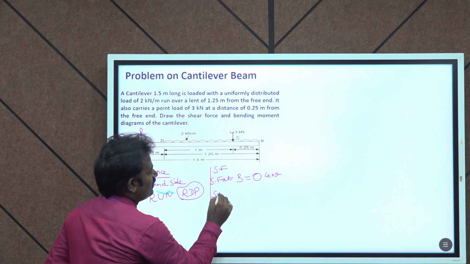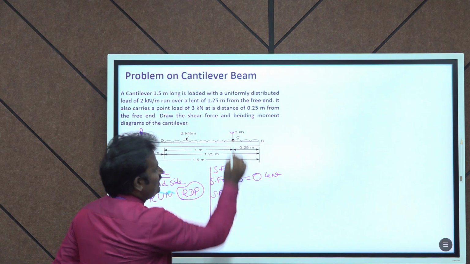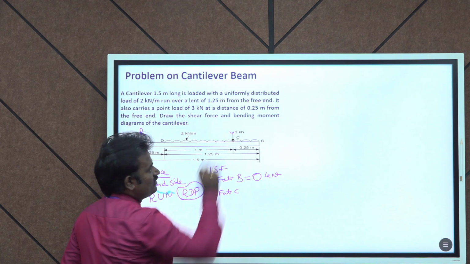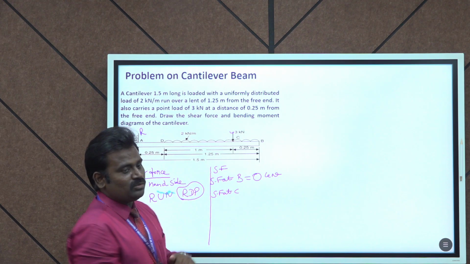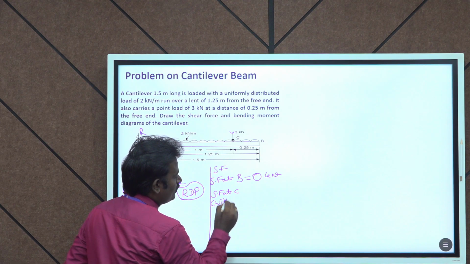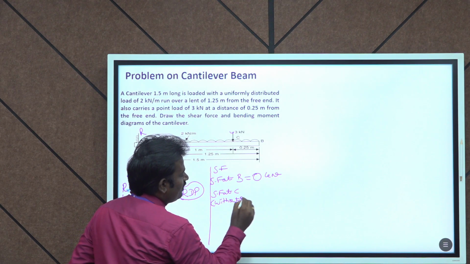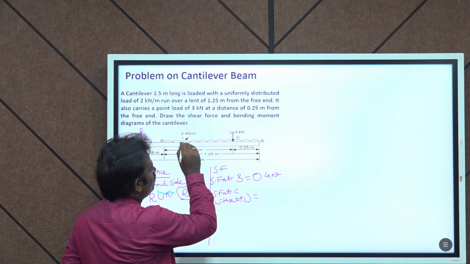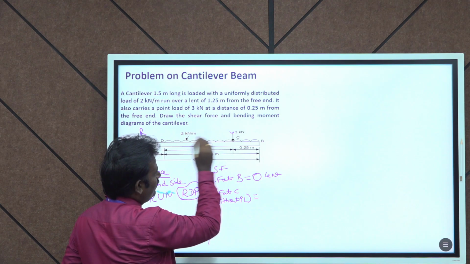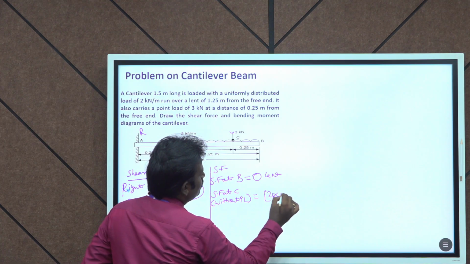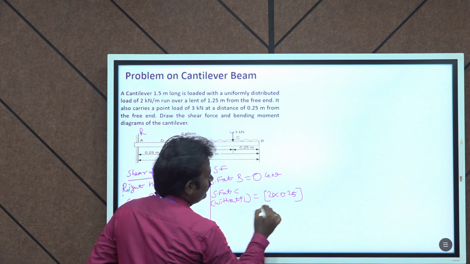Then SF at C. At C there is a point load, and the UDL load is also acting on the right side of point C. So SF at C without the point load: the UDL is 2 kilonewton per meter over a distance of 0.25, so 2 into 0.25 is 0.5 kilonewton.